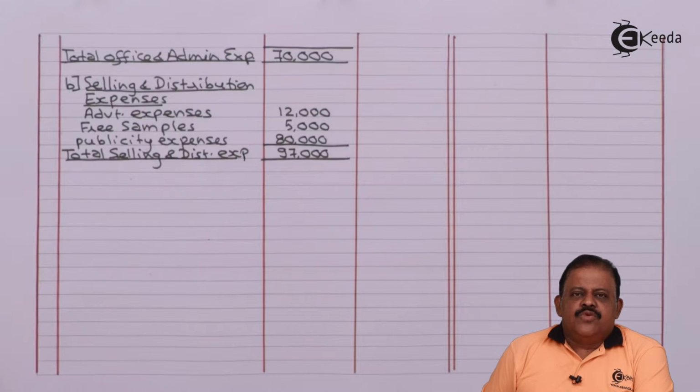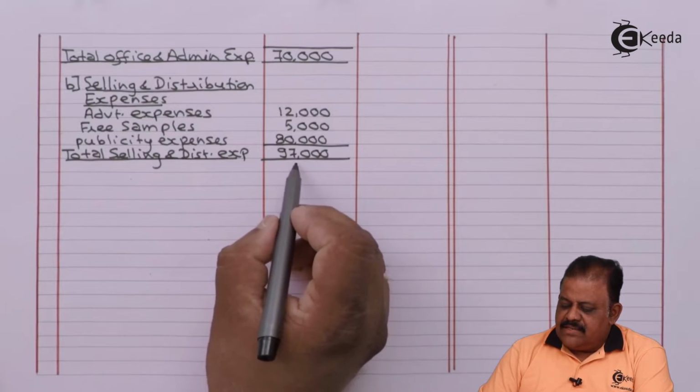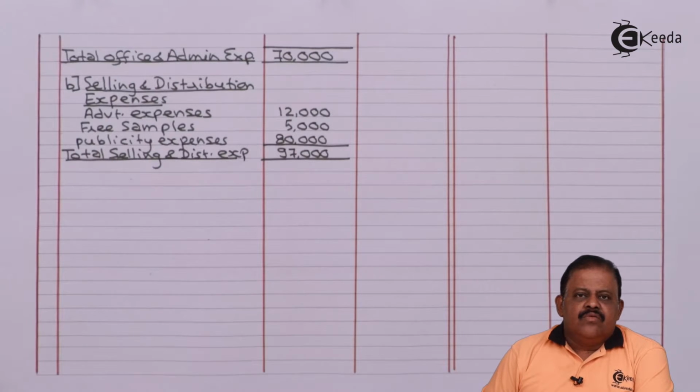Total selling and distribution expenses 97,000. We'll be adding these operating expenses now.